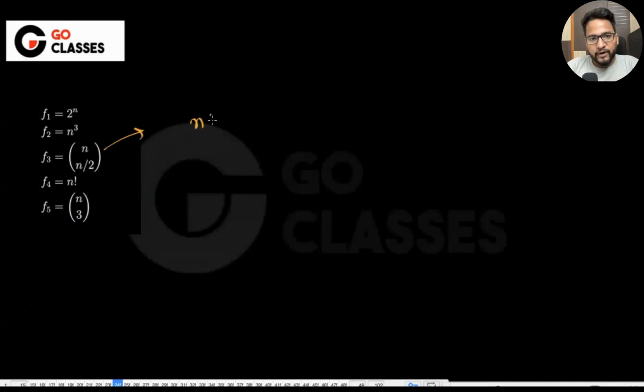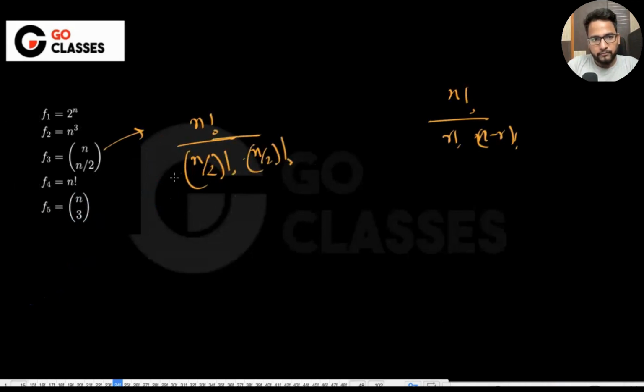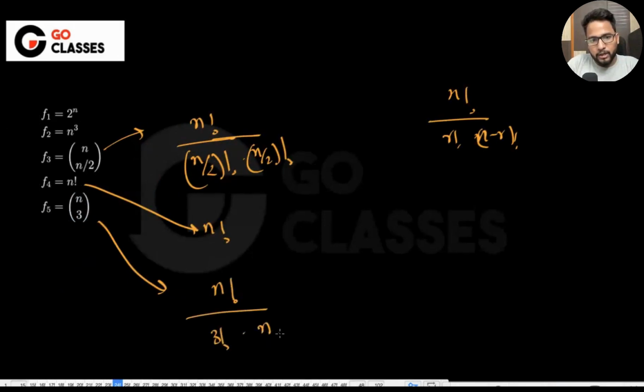So this is n factorial upon n. nCr is n factorial upon r factorial into n minus r factorial, right? So this is n divided by 2 factorial into n divided by 2 factorial. This is just n factorial. This is n factorial upon 3 factorial into n minus 3 factorial.